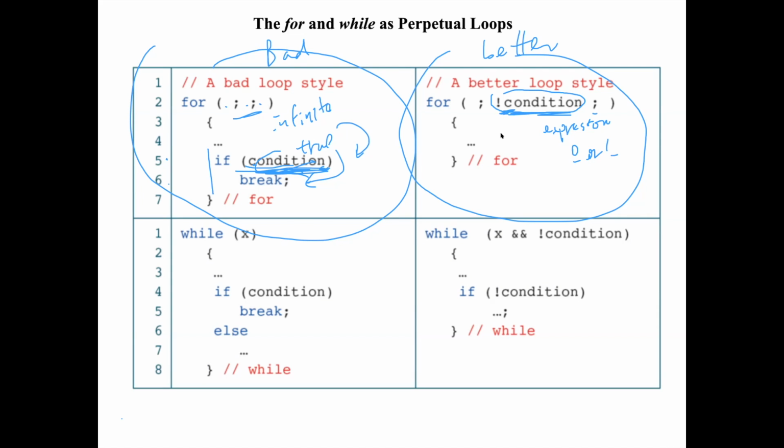Still, it's not as safe, because you have to make sure that somewhere inside this for loop your condition is being reversed into a true. This is the negation of the condition, so you have to make sure the opposite is true, so that while the opposite is false, you can stop this.